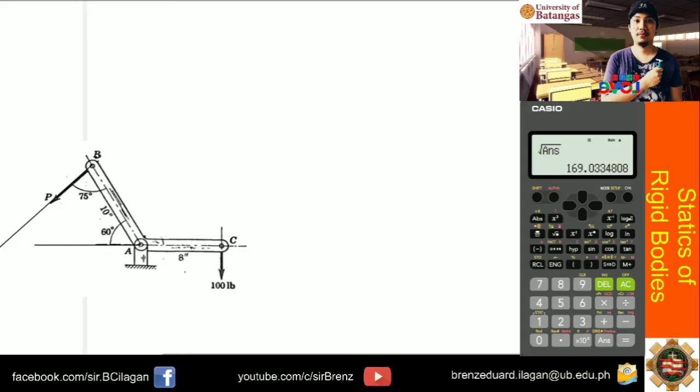Okay? Gawin na lang natin ang dash line. Okay, so pangalanan natin yan as point D.